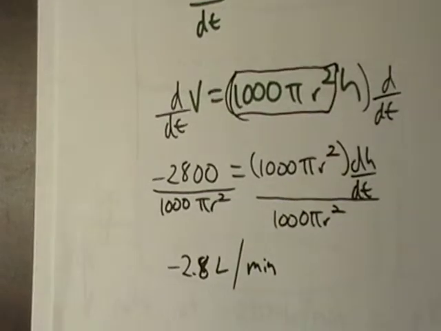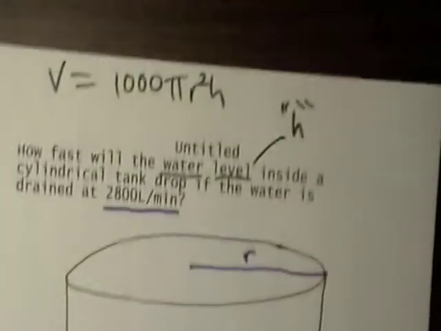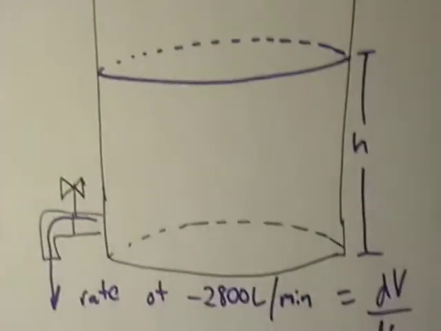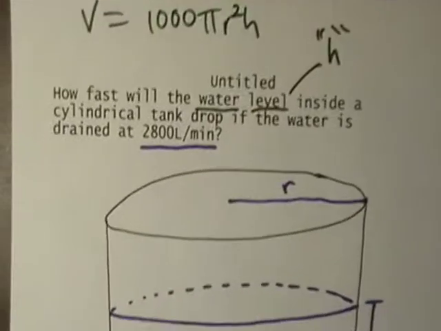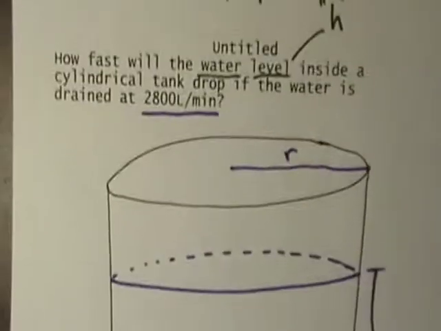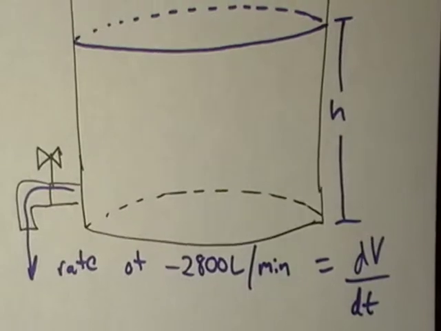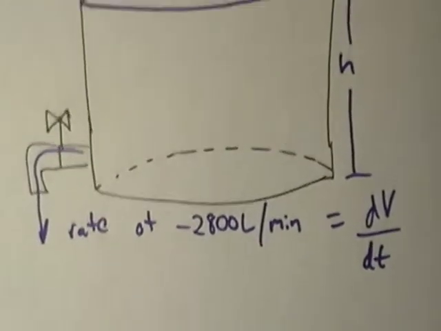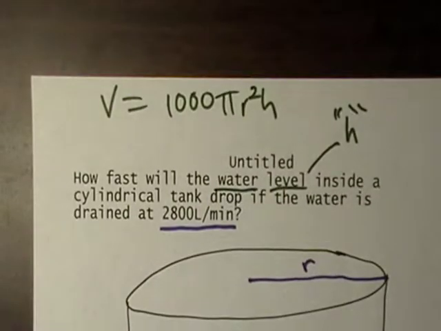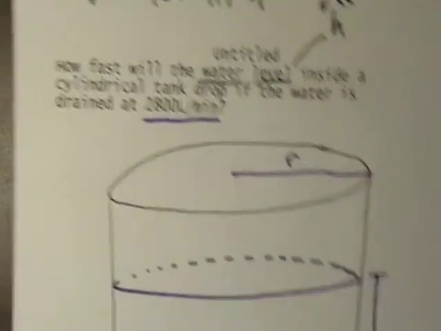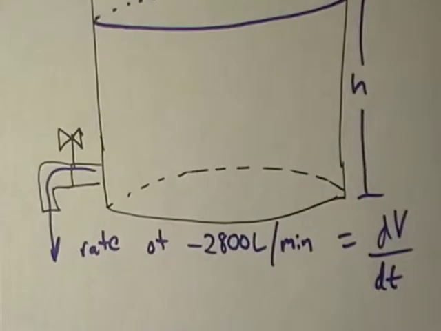So let's go back through it. We had a tank and we were draining water out of it. It had a radius r, height h, and V was 1,000 pi r squared times h. That's what the volume was. And the volume changed.